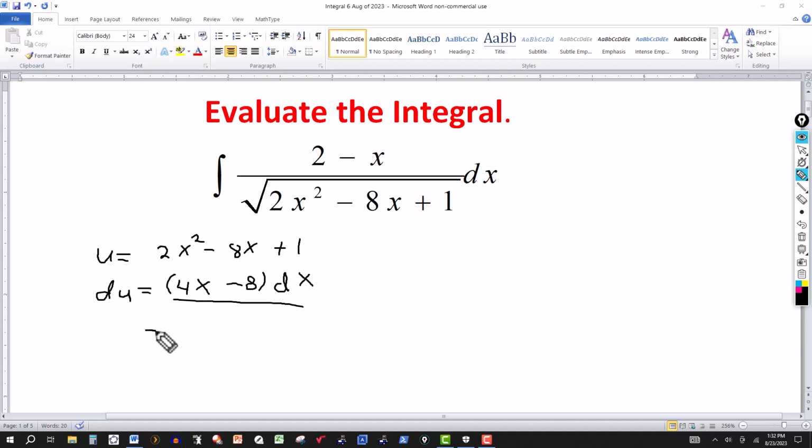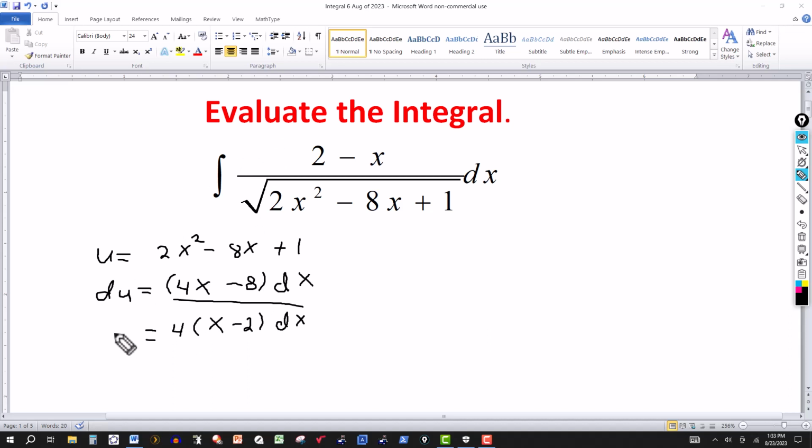At first glance you don't see it, but if you do a little bit of work here, factor out a 4, this would be x minus 2. Not quite there, but notice I have a 2 minus x, and this is x minus 2. That's pretty close. Now the constant doesn't matter because you could always factor that constant outside the integral.